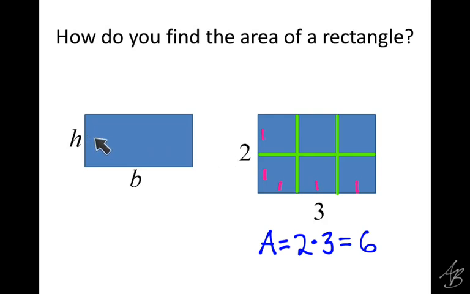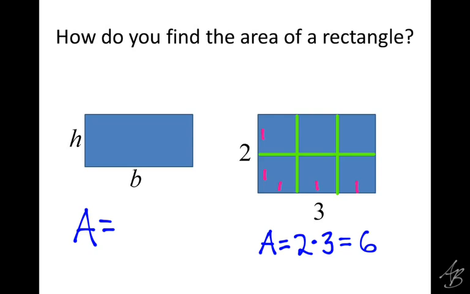So I can't count squares here. I can't say I'm going to divide this up into b squares on this side and h squares on this side because I don't know how many places I need to divide it into. So how do I find the area of a rectangle like this? So the area is going to equal what? 3 times 2.